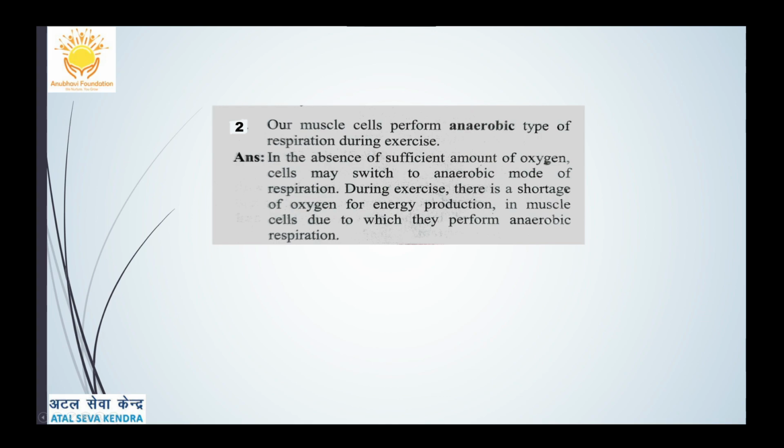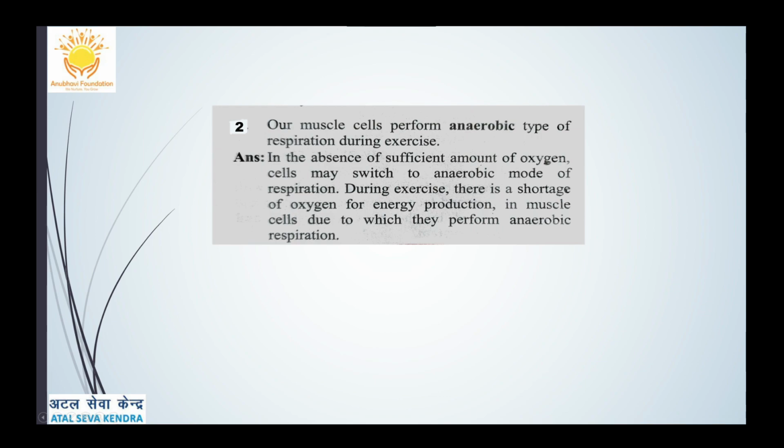Let's see the second, give reason. Our muscle cells perform anaerobic respiration during exercise. Give reason. The reason is very simple. Whenever we are exercising, the muscles require more oxygen. But in the absence of a sufficient amount of oxygen, cells may switch to the anaerobic mode of respiration to get enough ATP.